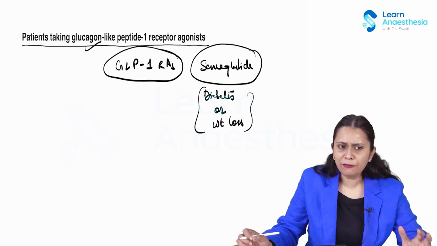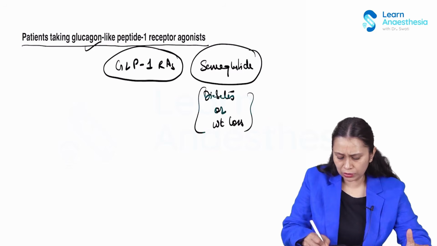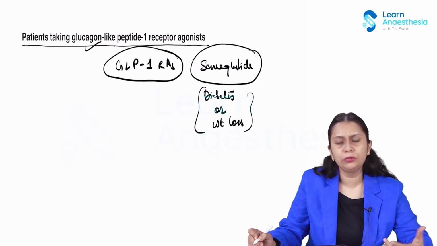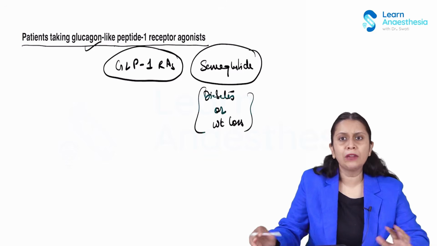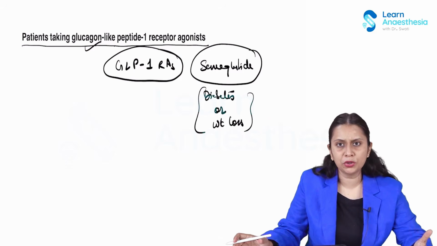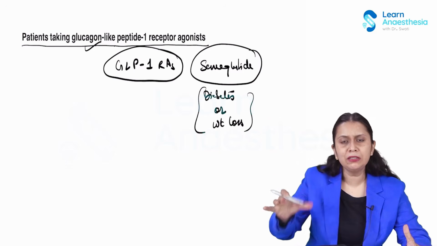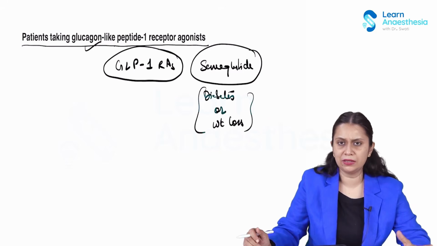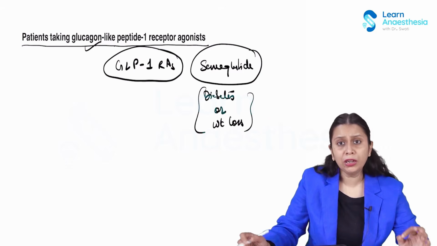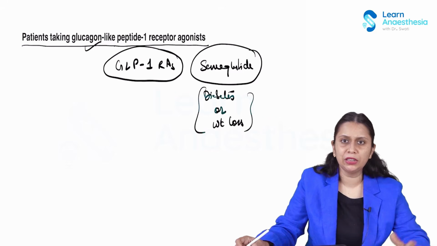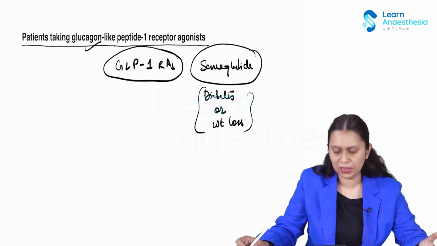So if my patient on a GLP-1 receptor agonist is complaining of symptoms like heartburn, regurgitation, etc., I would cancel the surgery, because that patient is at a higher risk of aspiration. I would increase the time between the last dose and induction of anesthesia. Or if I have to take the patient for surgery, I would practice rapid sequence induction intubation to minimize the risk of aspiration.